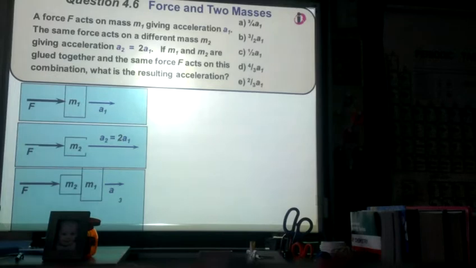A is 3/4 of the first acceleration, B is 3/2 times the first acceleration, C is half of the first acceleration, D is 4/3 of the first acceleration, or E is 2/3 of that first acceleration. I want you to try to come up with what answer you would choose and show me mathematically why you would agree with that answer, okay?